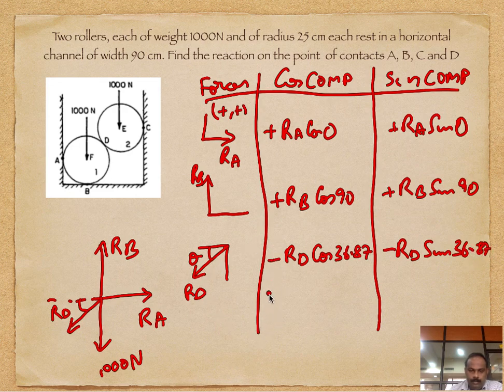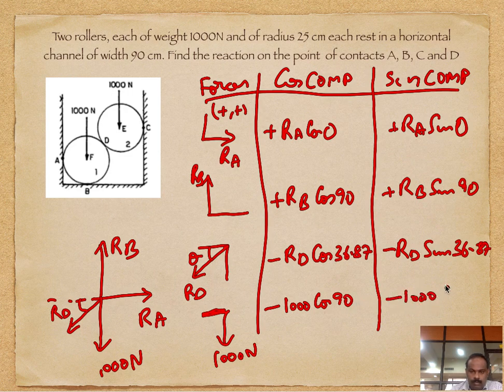And we have the last one, which is down, again in the third quadrant, 1000 Newton, so minus 1000 cos 90 minus 1000 sine 90.